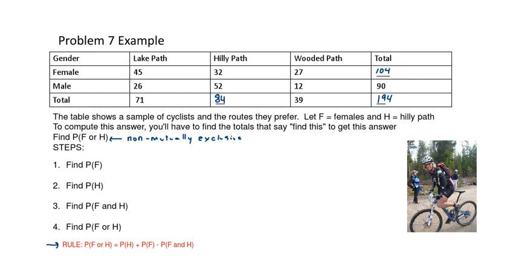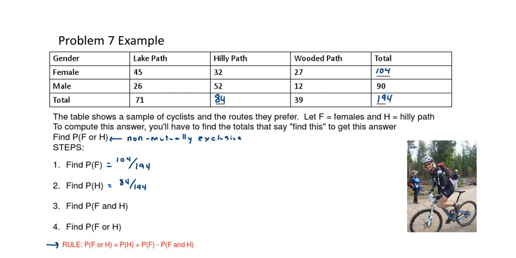So what is the probability of the biker being female? Well, there are 104 out of 194 females in this tournament. Those who prefer the hilly path, there were 84 out of all 194 who preferred the hilly path.